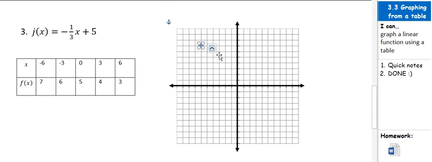Then 0, 5. 1, 2, 3, 4, 5. 3, 4. 1, 2, 3, 4. 6, 3. 1, 2, 3, 4, 5, 6. 1, 2, 3.